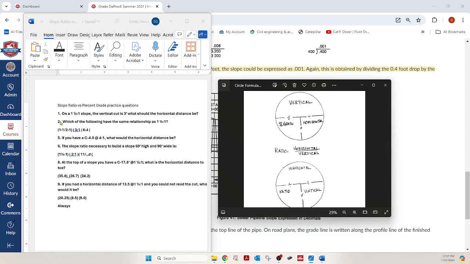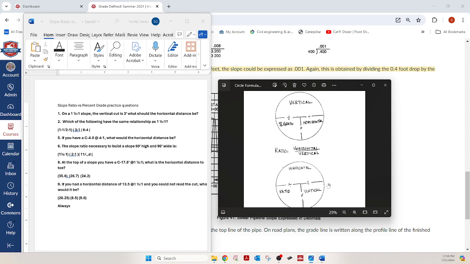This first one, on a 1.5 to 1 slope, the vertical cut is 3 feet, but we don't know the horizontal distance, do we? So what goes where? Well, look over here. We're dealing with percent grade, and unfortunately it doesn't say that.